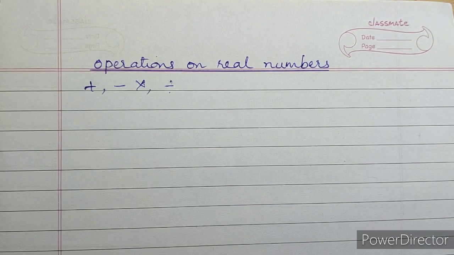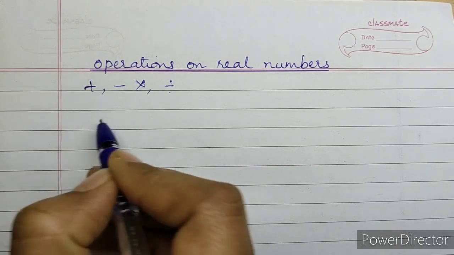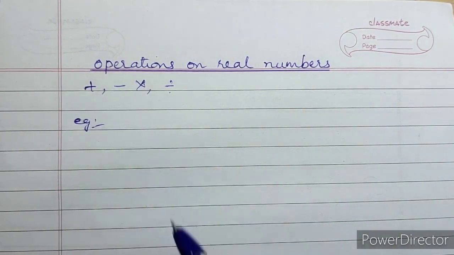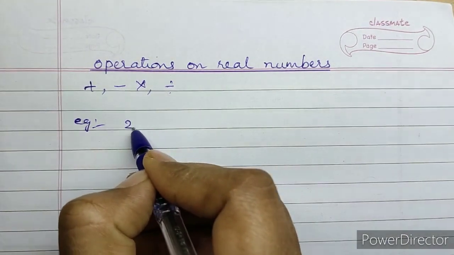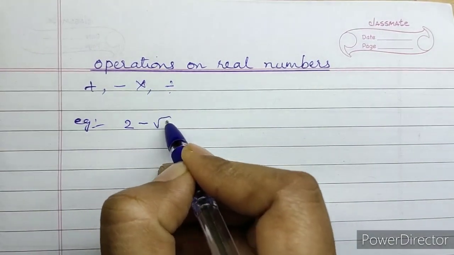The sum or difference of a rational number and an irrational number: if it is addition or subtraction, the result will be an irrational number only. For example, I will show you a rational number 2 and an irrational number.